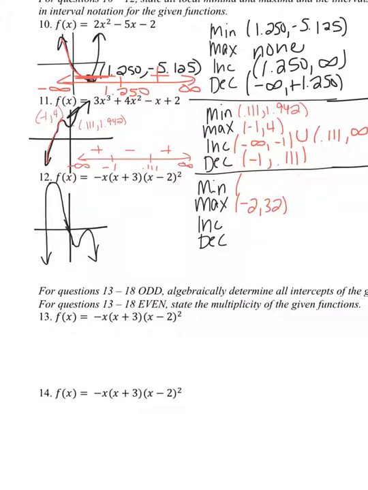It doesn't matter the order in which you do them, I'm just going from left to right. And my min here is 0.750, comma negative 4.395. And now my other max, so second trace, number 4, left bound, right bound, enter, is 2, comma negative 5.21.